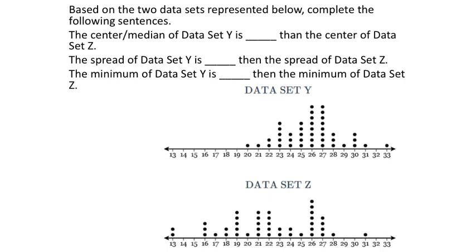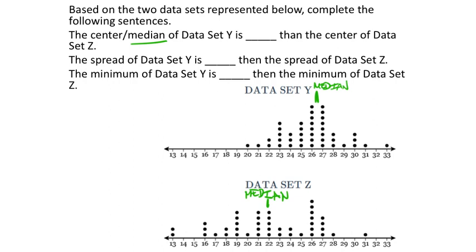I'm going to start with the median because that's the first question here. The median for set Y, I would expect it to be somewhere in this area. Is that exactly where the median is? I don't know, but I also don't care, because the median or middle value for set Z has to be somewhere in this area. Again, is that exact? It is not, but it should be pretty close to where it actually is.